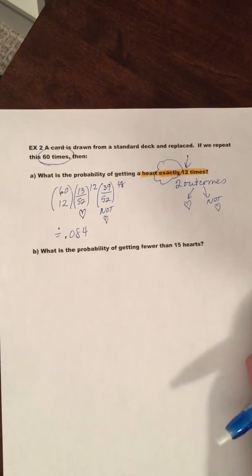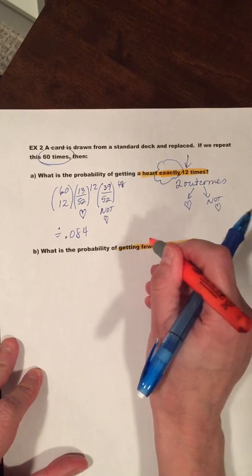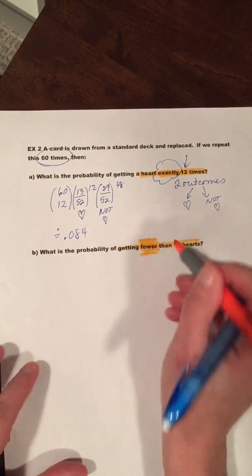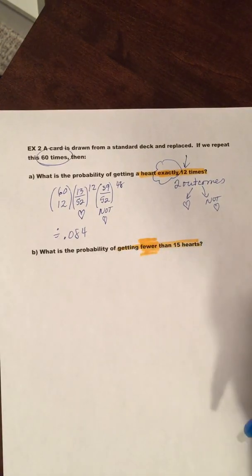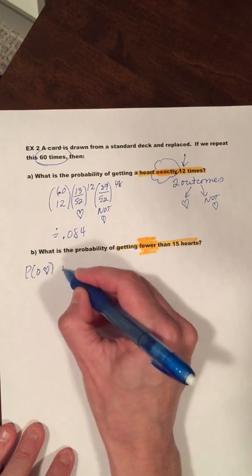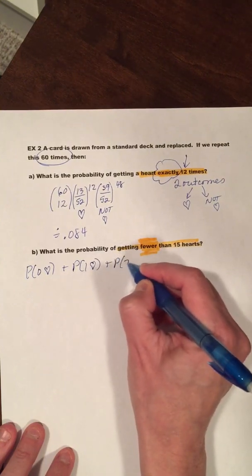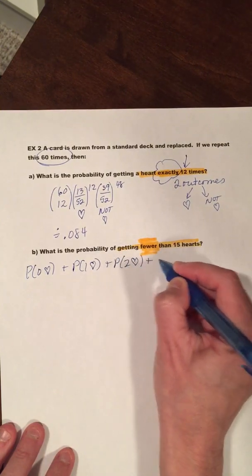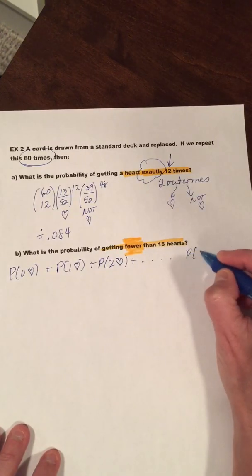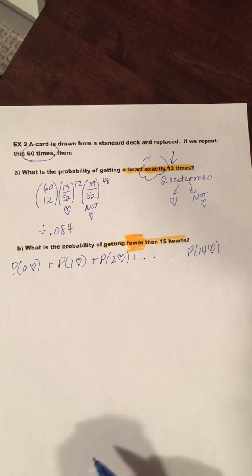What is the probability of getting fewer than 15 hearts? Now, hold on. Fewer than 15 hearts means everything from 1 all the way to 14. Because fewer than 15.